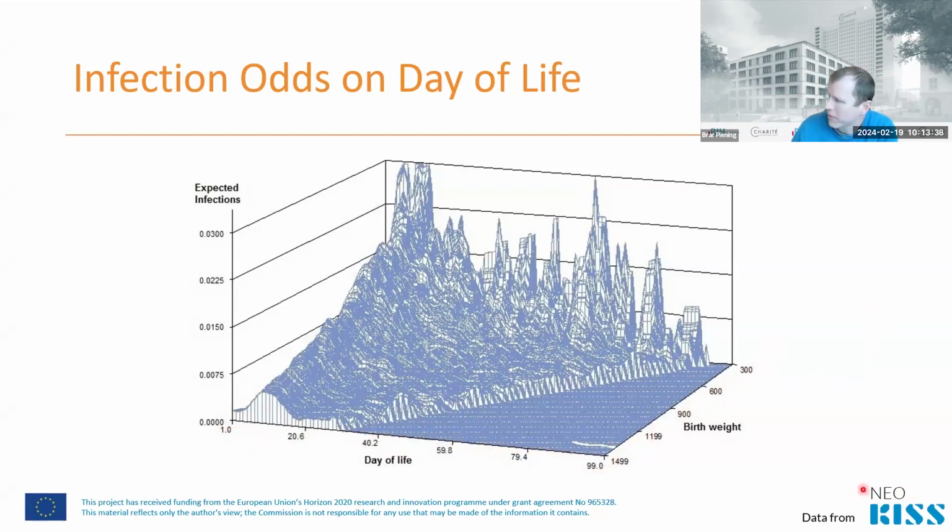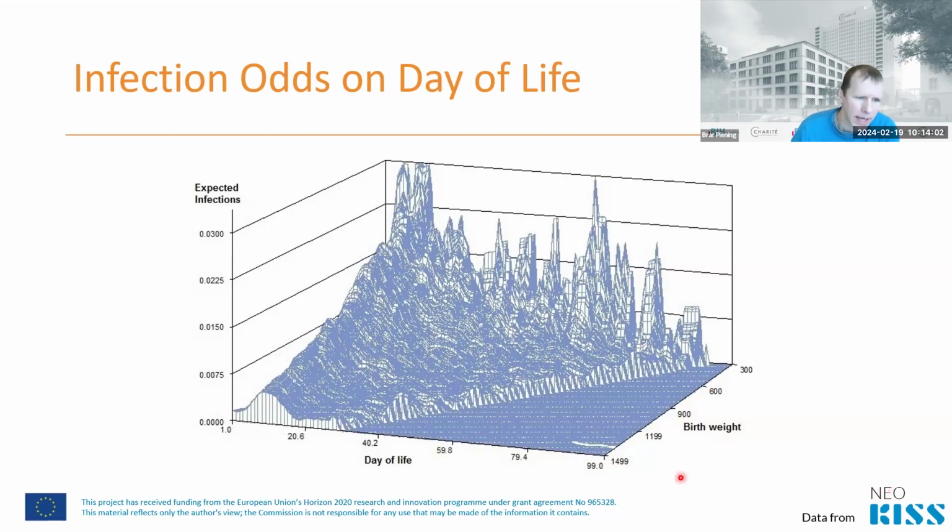This data comes from NeoIPC, the German surveillance system for preterm infants with a birth weight of less than 1,500 grams. In Germany, a little more than 200 NICUs participate in the system. So this is quite good data that we have.